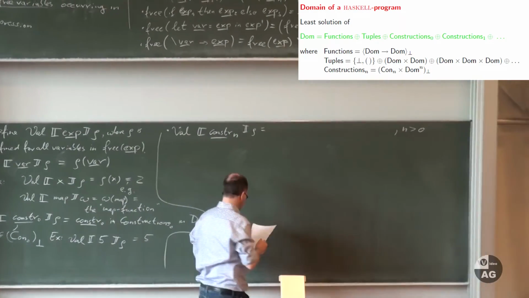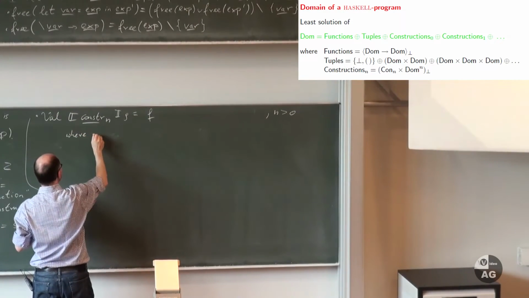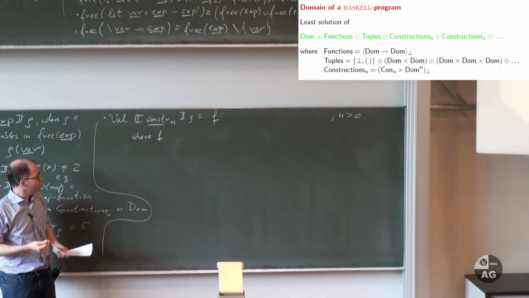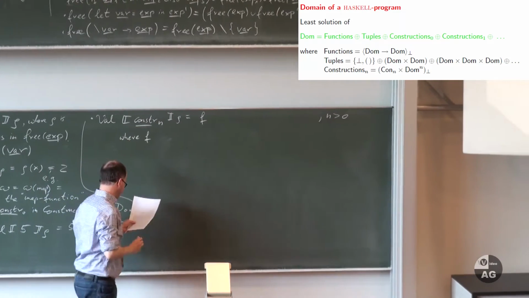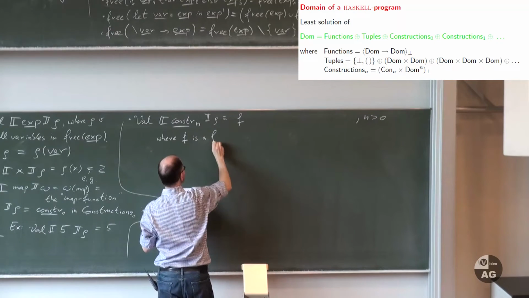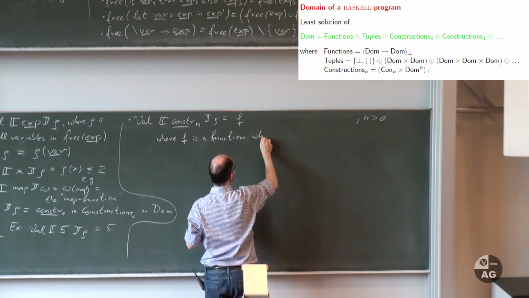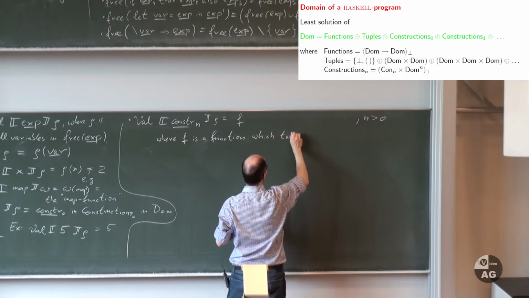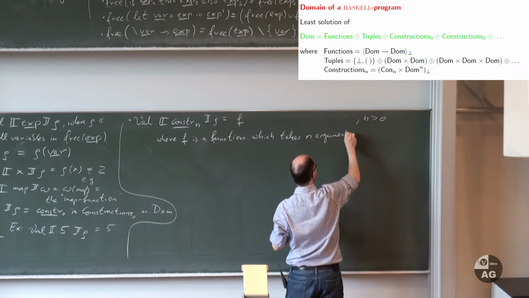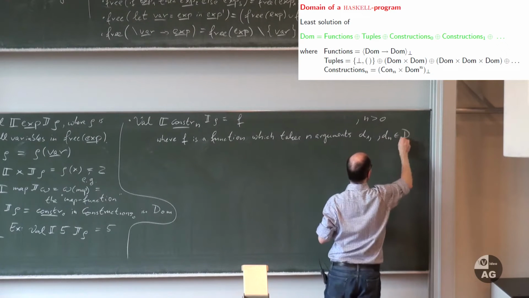So it's a function f, where f is a function that produces constructor ground terms, so terms built with this data constructor. f is a function which takes n arguments, so n arguments d1 to dn from the domain.